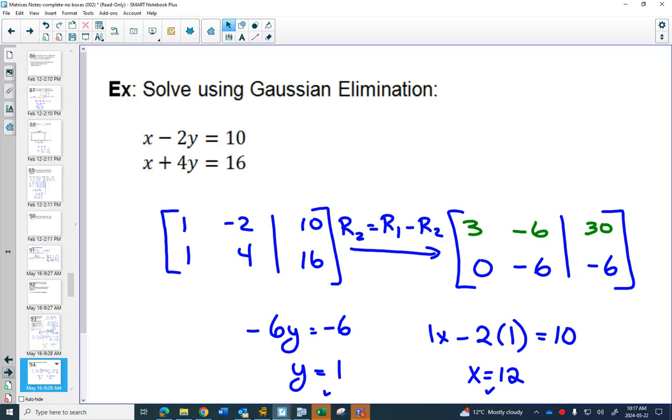Again, for 2 by 2 equations, sometimes you find it's easy enough just to use your old techniques, that's fine.